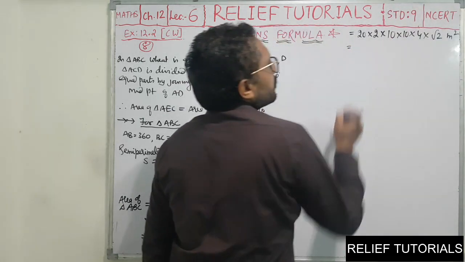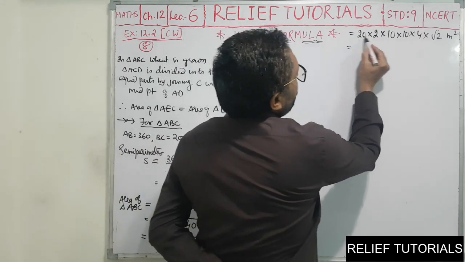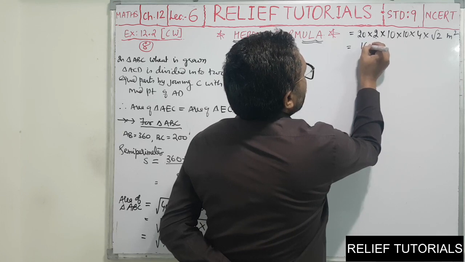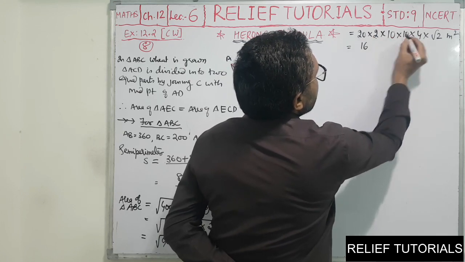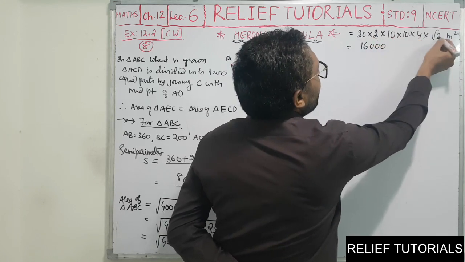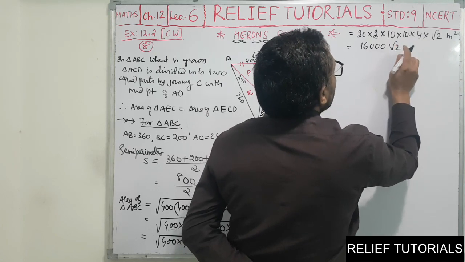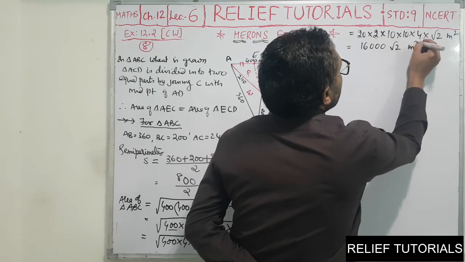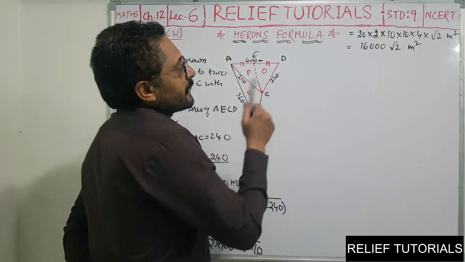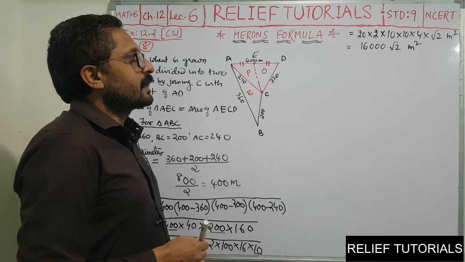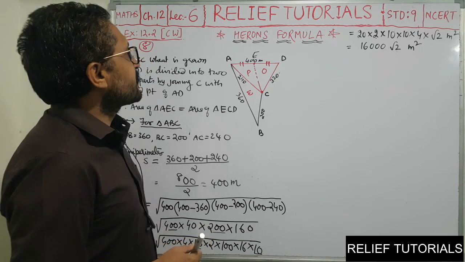Now we multiply this. 2 into 2, 4. 4 into 4, 16. So 16 with 3 zeros, and root 2 meter square. Now we'll convert this into hectare. I told you that 10,000 meter square is equal to 1 hectare.